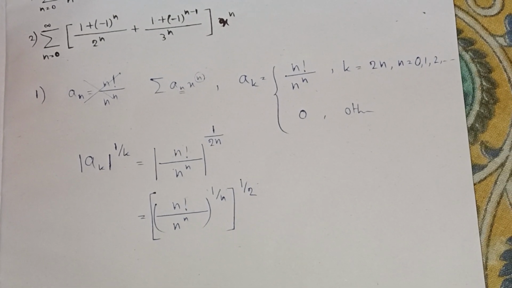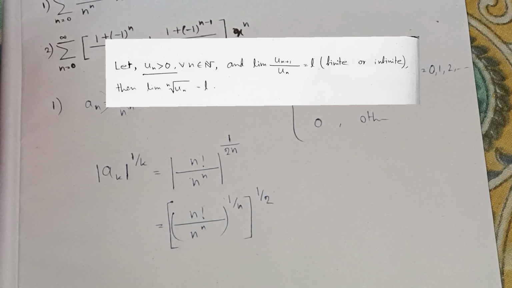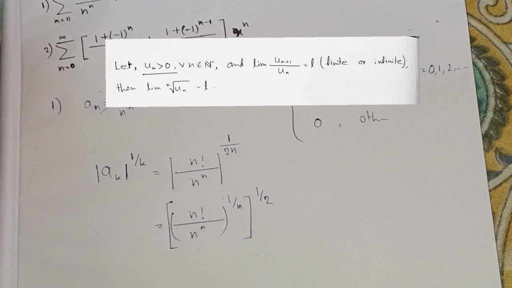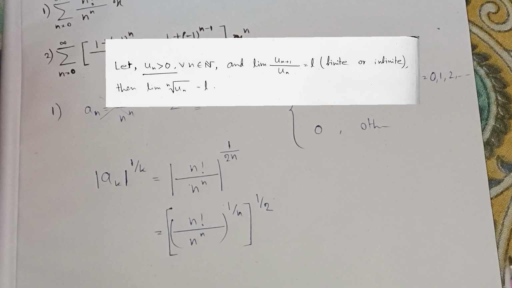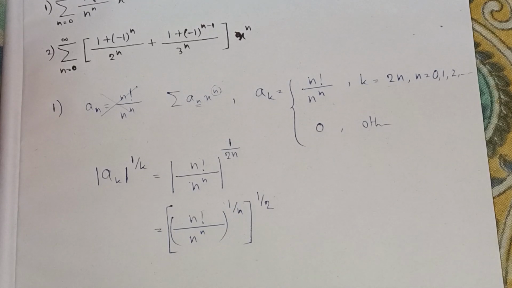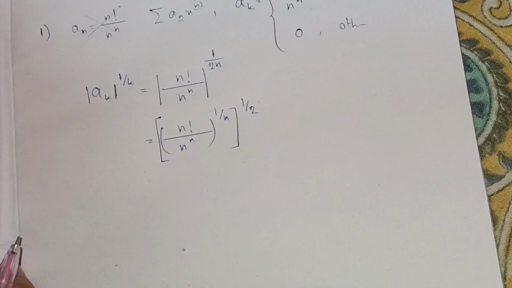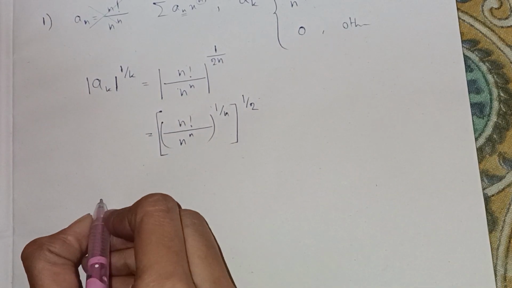Now we will use some result. This result says if u_n is positive for every n, and the limit of u_(n+1) over u_n is L, where L is finite or infinite, then limit of u_n whole to the power 1 over n is equal to L. So to find this limit, we will use this result.